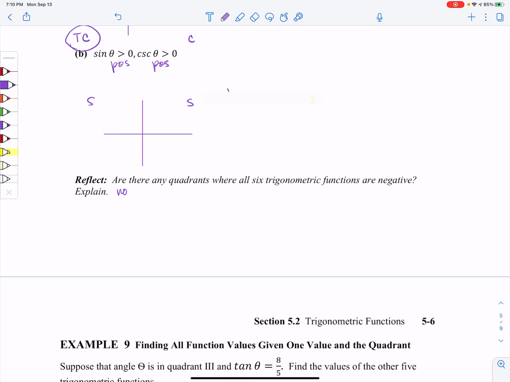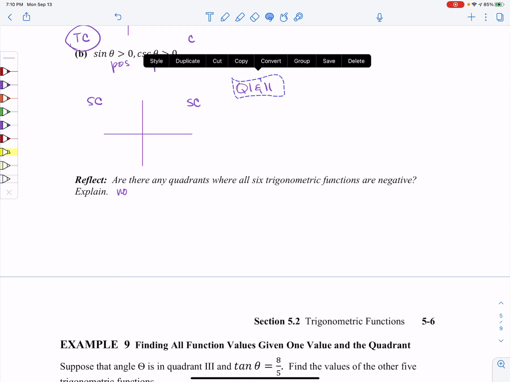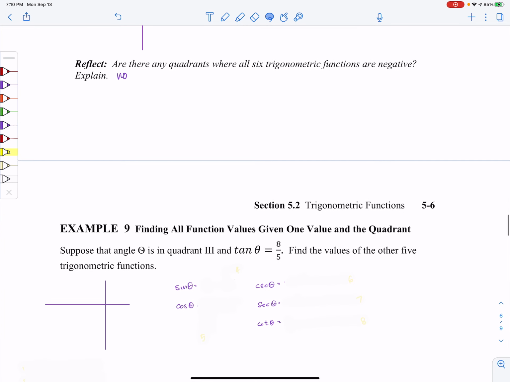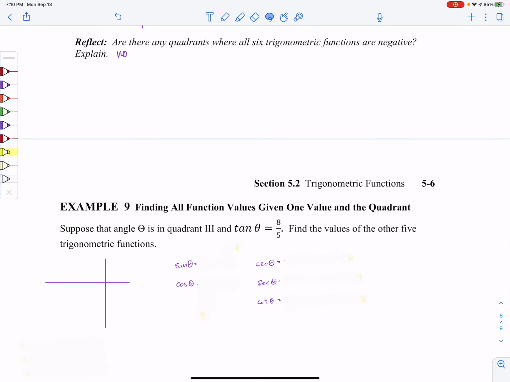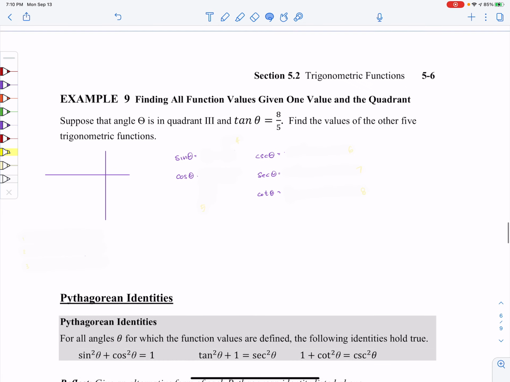Well, cosecant is going to be exactly the same as wherever sine is because they're partners. They're reciprocals of each other. So in this case, I have two choices. It's going to be quadrants 1 and 2 where this is true. Are there any quadrants where all 6 are going to be negative? No, there's not. Example number 9.